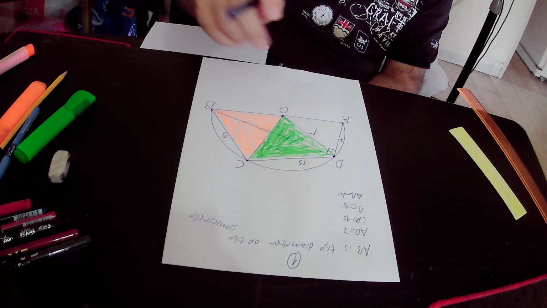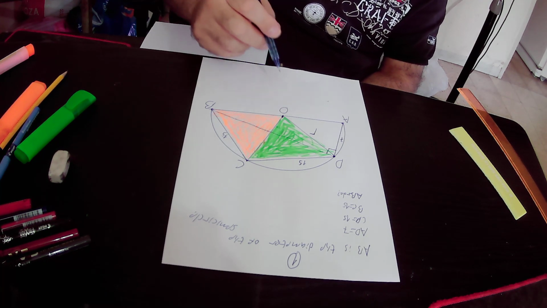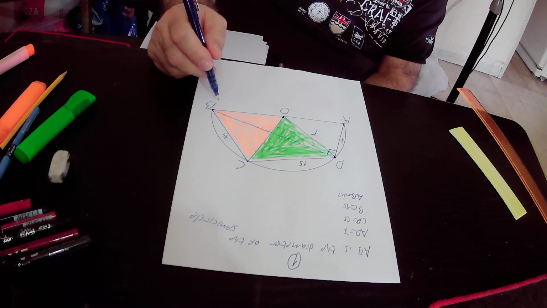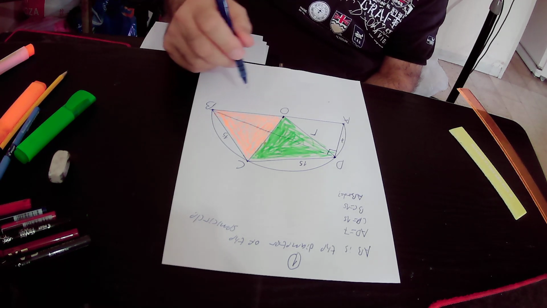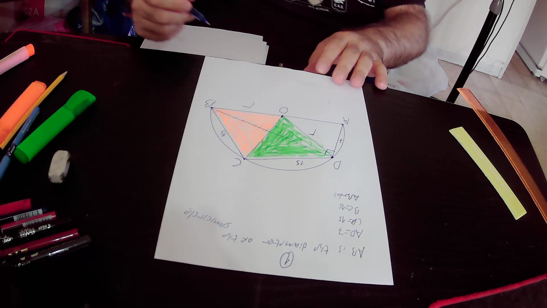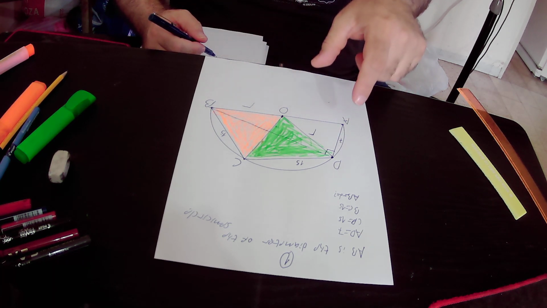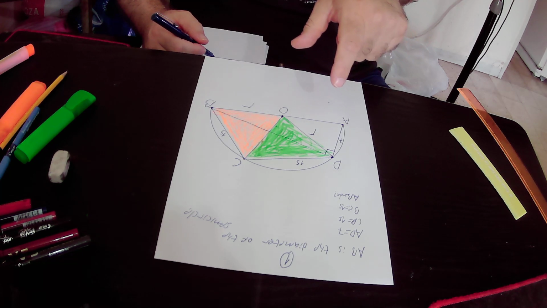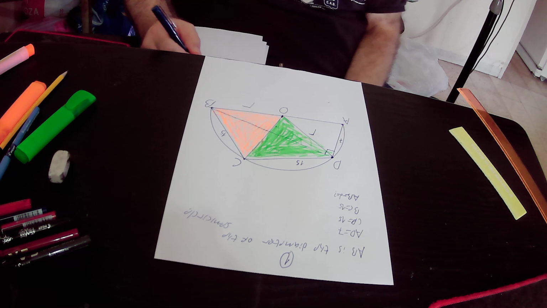And OB is also the radius of this semicircle for the same reason, because it starts from the center of the semicircle and ends at point B that is a point on the semicircle itself. Therefore, it is the radius of this semicircle. So actually OD equals OB. Both of those two line segments are the radiuses of the semicircle, therefore they are equal to each other.